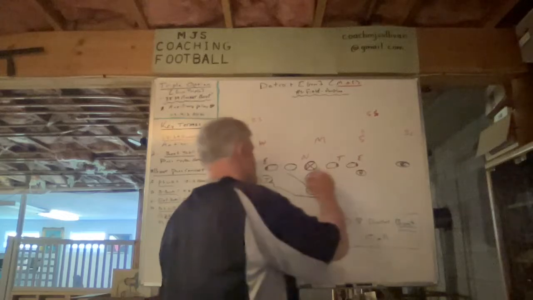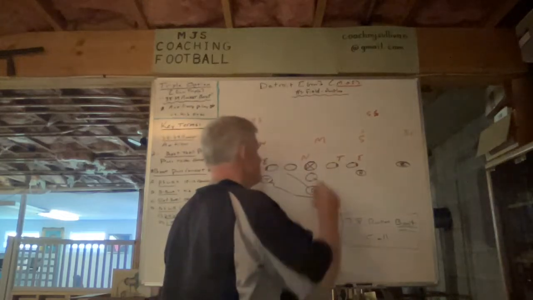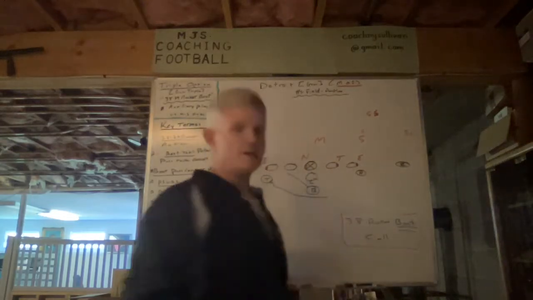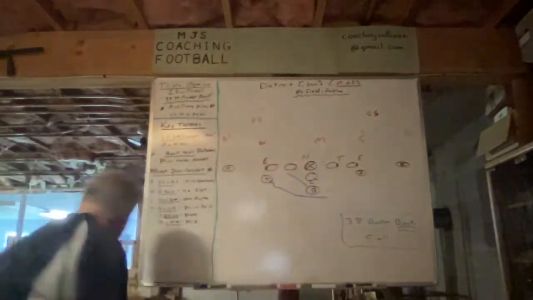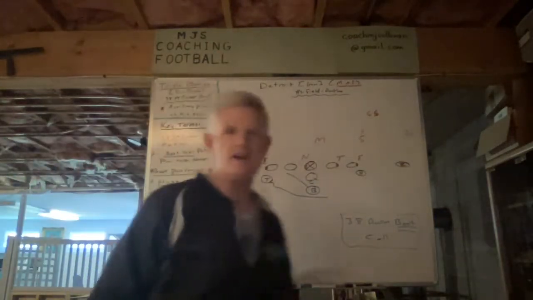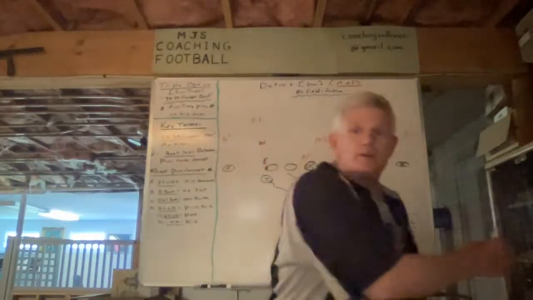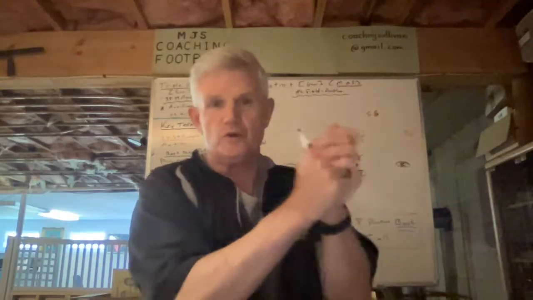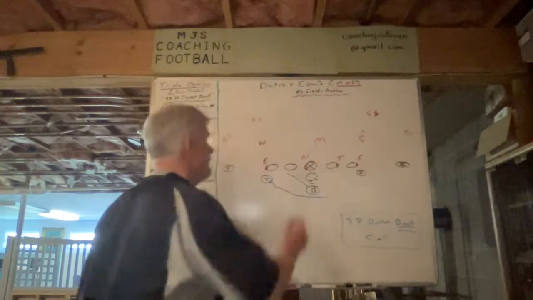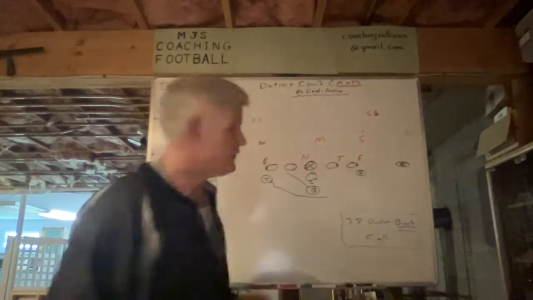On 38 rocket toss, the B back goes opposite. Quarterback now will turn, give a really good toss fake, kind of over exaggerated a little bit while being totally secure with both hands on that football. Sell the toss fake.